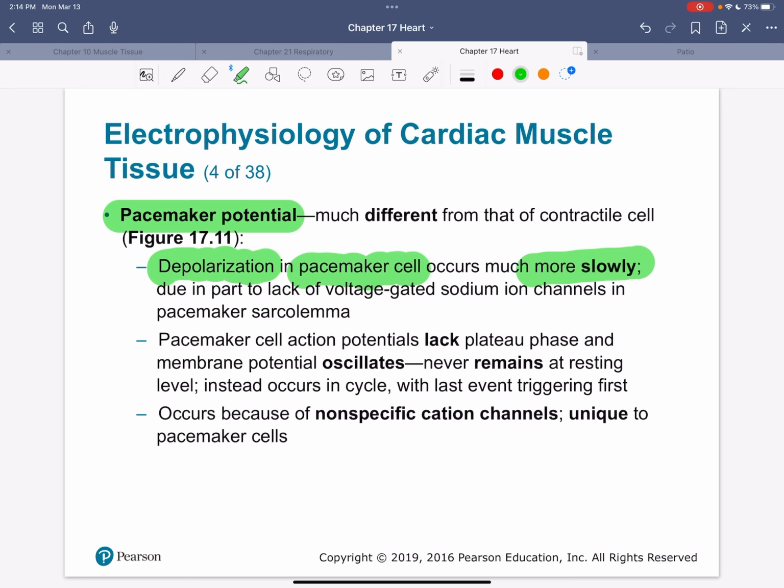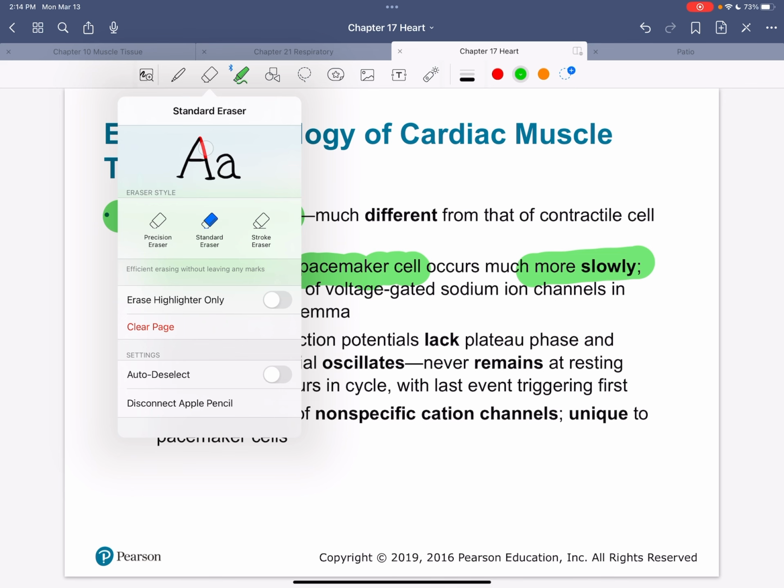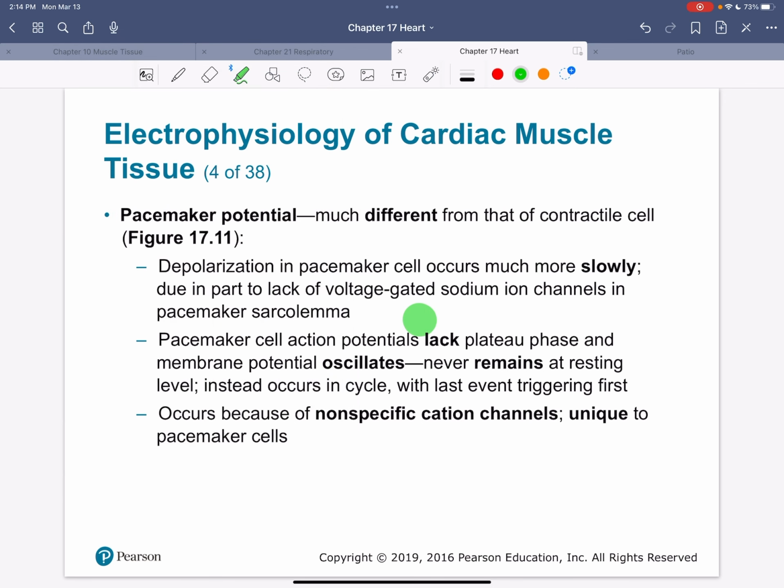So it's not that big kind of explosive depolarization we see in things like an axon hillock from the past. And this is partly due to the lack of voltage-gated sodium ion channels in the pacemaker sarcolemma.